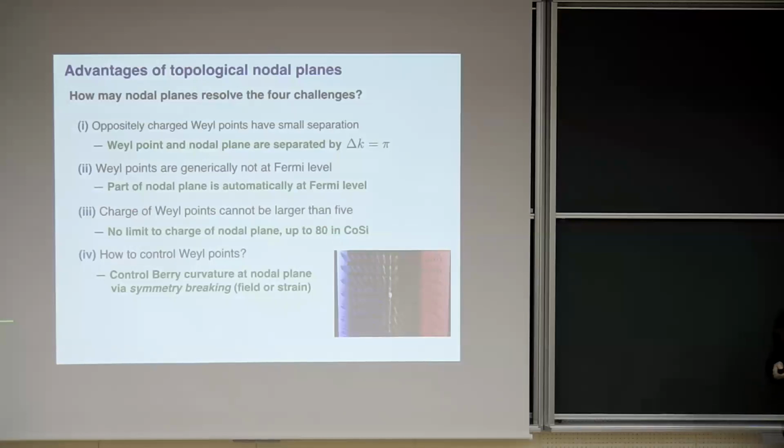So again, this is useful if you want to look at one of these topological response functions, because they scale with the charge, the Chern number. And finally, we can control this degeneracy in terms of symmetry breaking. So if we break this screw rotation symmetry, then these cusps and jumps in the Berry curvature turn into divergences. So you would expect from this a large change in the response.